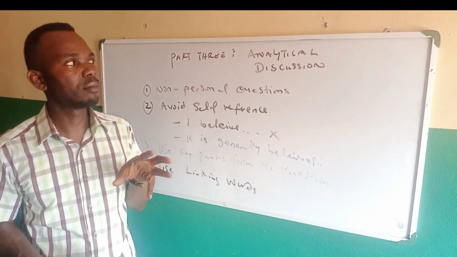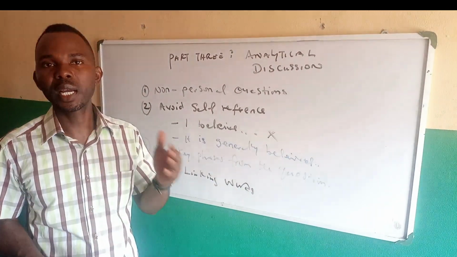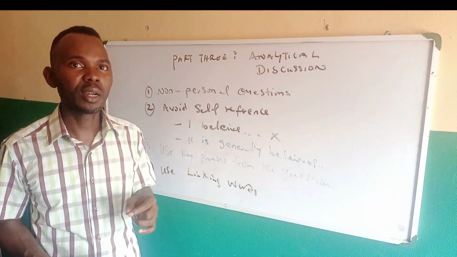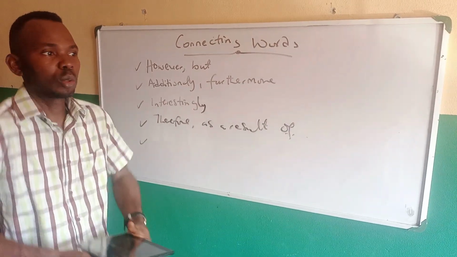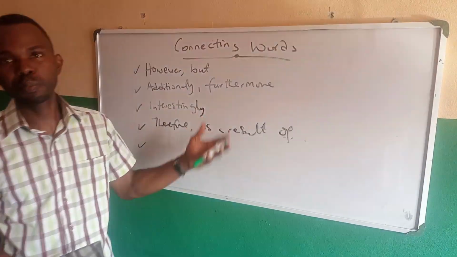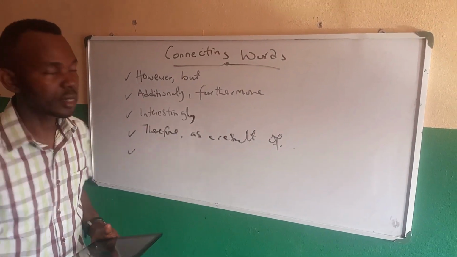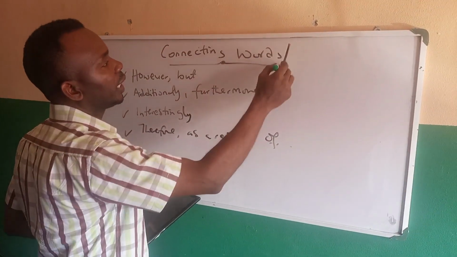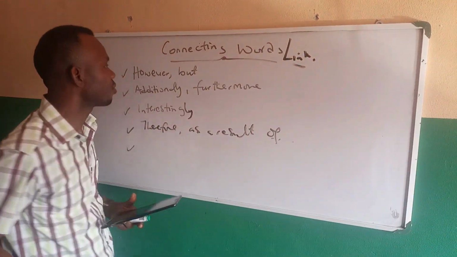So this is the IELTS speaking part 3, which is the same for both the academic and the general. One of the important strategies you need to do well in your IELTS speaking part 3 is your ability to use connecting words. Connecting words or linking words just link an idea to an idea.